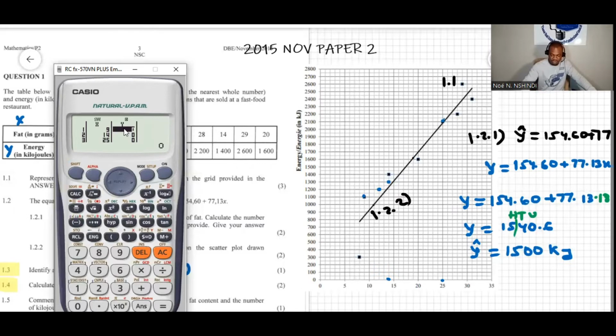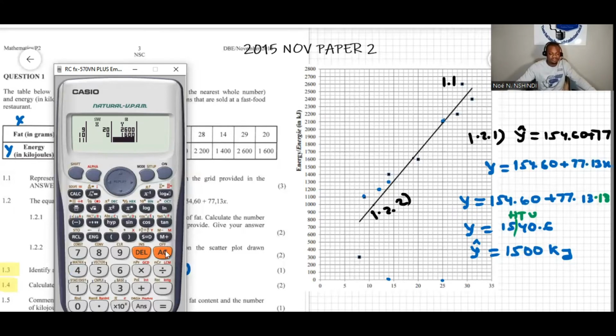Now I can enter 1100 and press equal, then 1300 equal, 2100 equal, 300 equal, 1200 equal, 2400 equal, 2200 equal, 1400 equal, 2600 equal, and then 1600 equal.